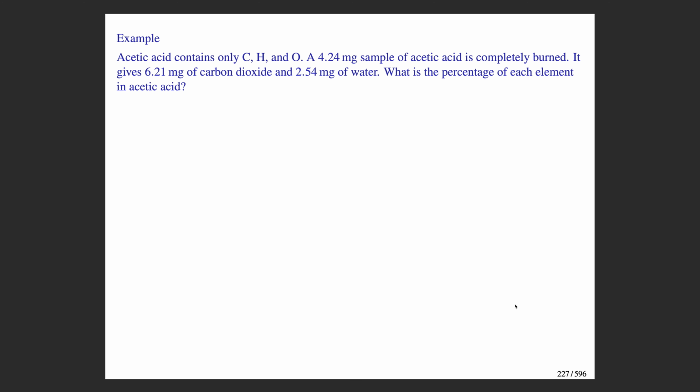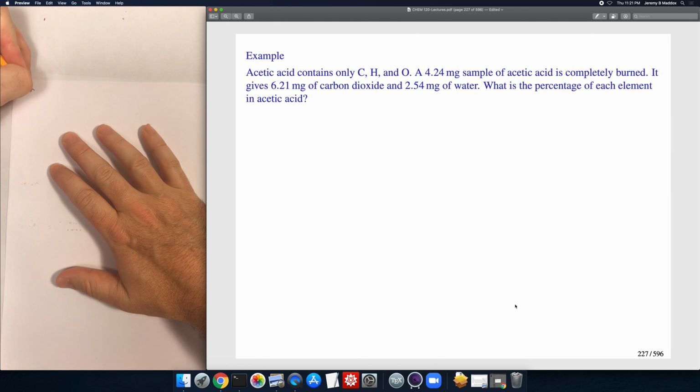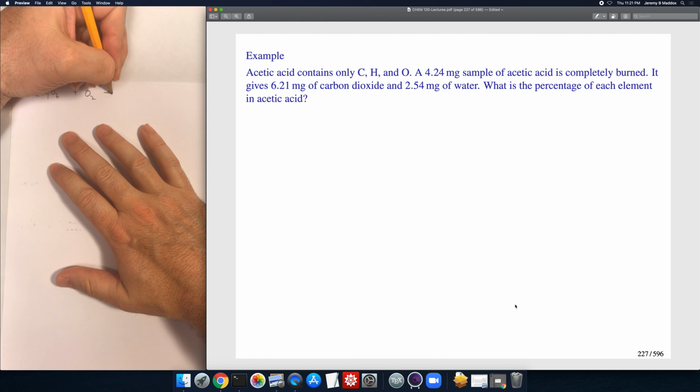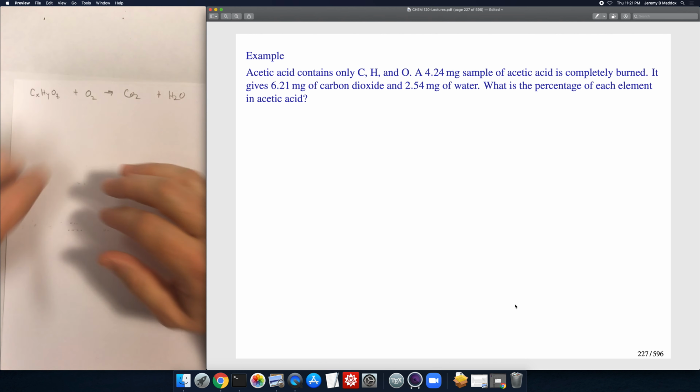So here we're going to be pretending that we don't know what acetic acid is. We do know that it's composed of carbon, hydrogen, and oxygen. And so we'll suppose that it has a formula that looks like this. Okay? And it's going to be burning in the presence of excess oxygen to give us CO2 and water.